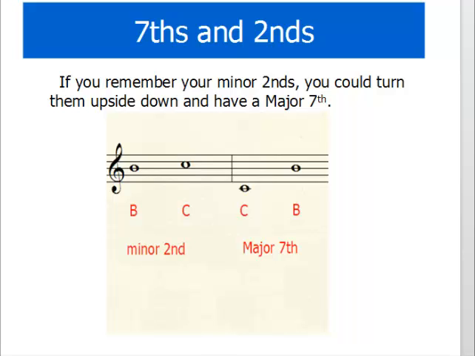So B to C, there's that jaws sound. That's a minor second sound. B to C. And if we turn it upside down, bring the C down to an octave, and with the B, we still have the B there.